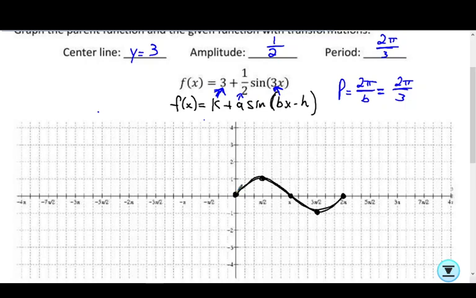Now, we're going to do our horizontal compression first. We're going to change our period. So my new wave still starts at 0, but is only 2 pi over 3 long. So it's been horizontally compressed. Now, just like our unit circle, this is pi over 2. These marks right here represent pi over 6.